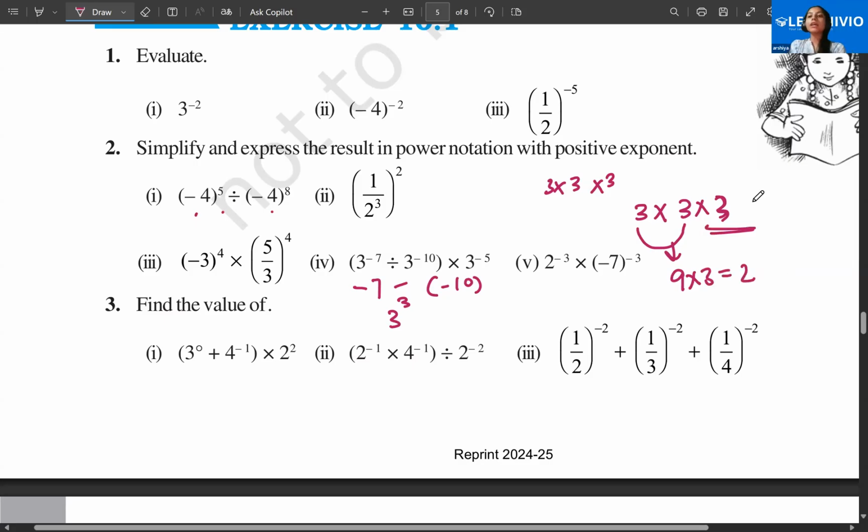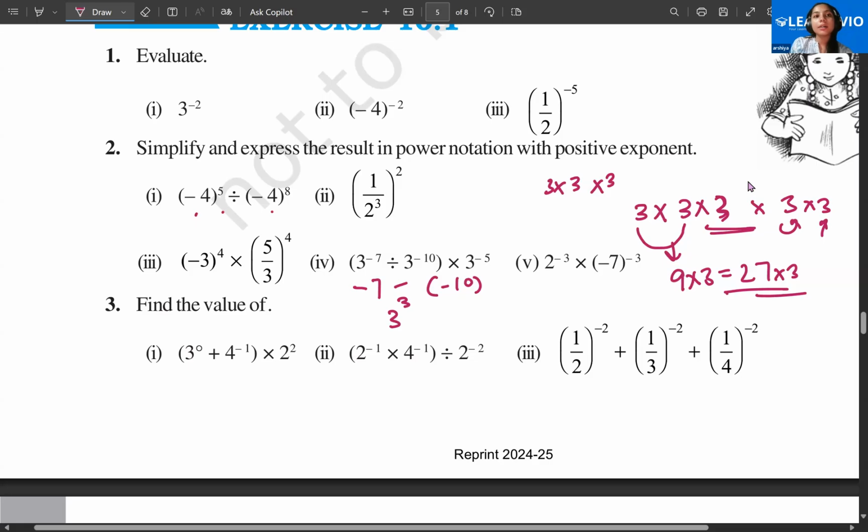So 9 into 3 will give you 27. If there were two more 3's, then 27 into 3. Then whatever answer you have will be multiplied with 3. Does that make sense? So the answer is 27.